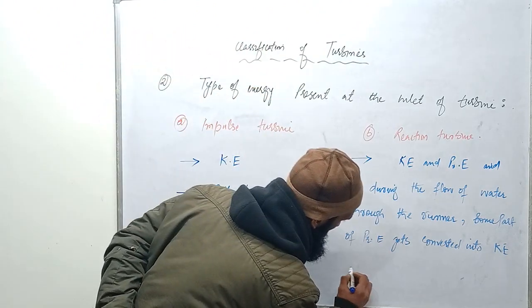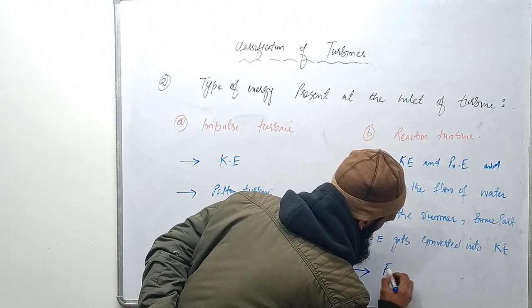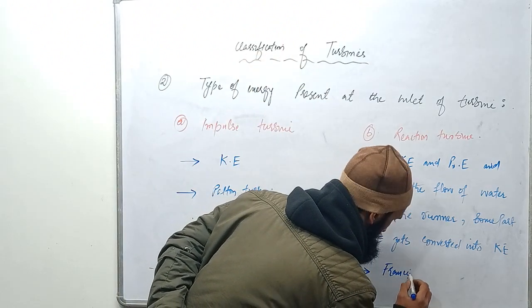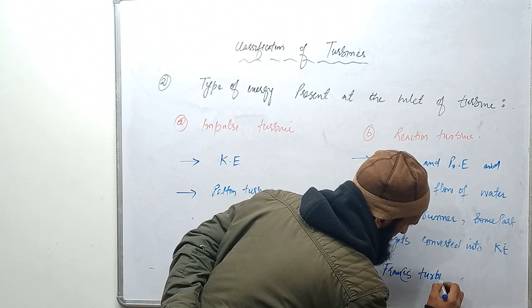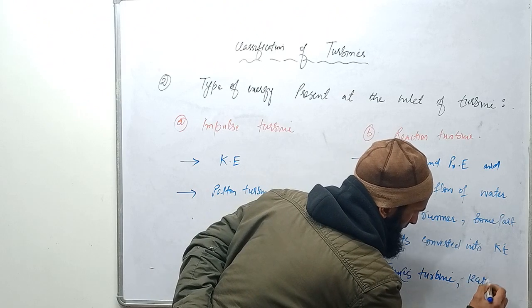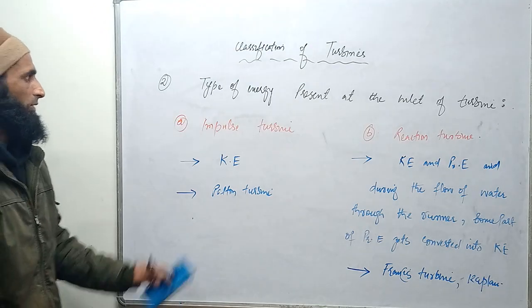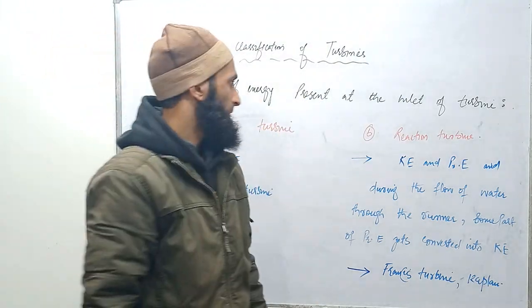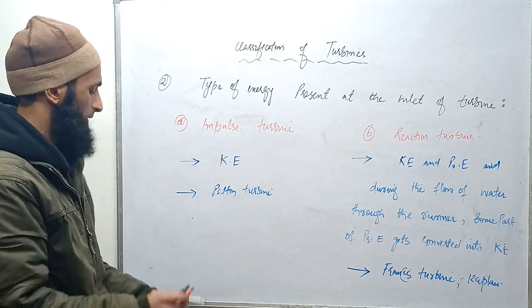In the reaction turbine, we have two examples which we are going to study later: the Francis turbine and the Kaplan turbine. So this is the classification based on the type of energy present at the inlet of the turbine.